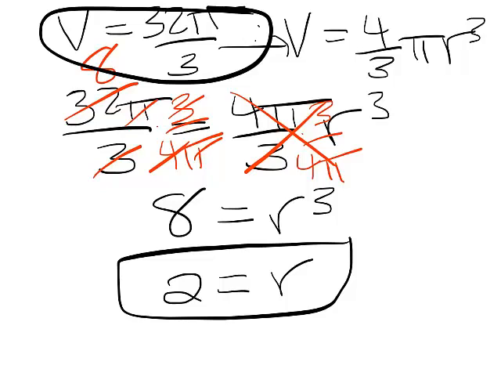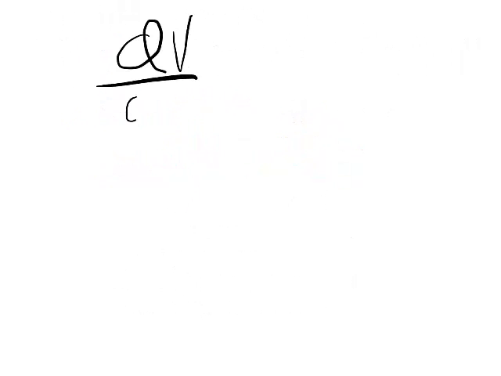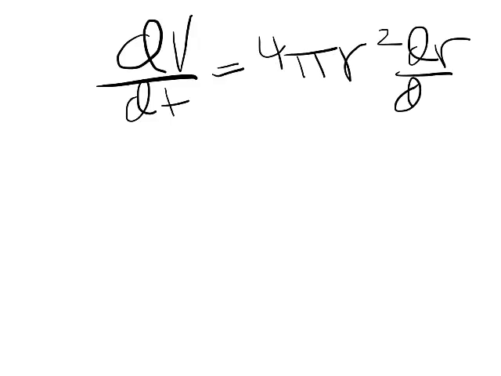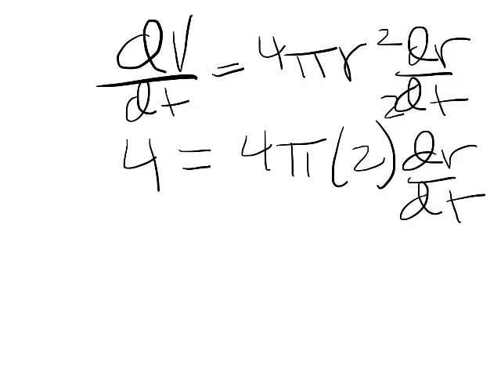So going back to our original equation, dV/dt equals 4 pi r squared dr/dt, now I can substitute the 4 for dV/dt, and I can substitute the 2 for the radius, because at the instant that the volume was 32 pi over 3, the radius is 2.